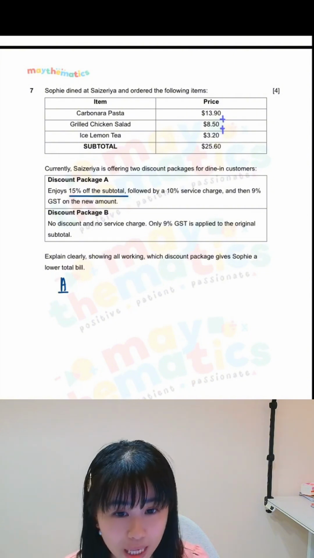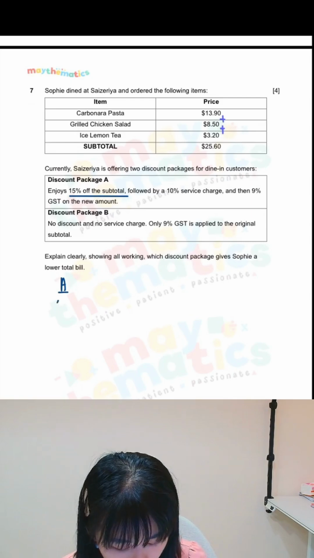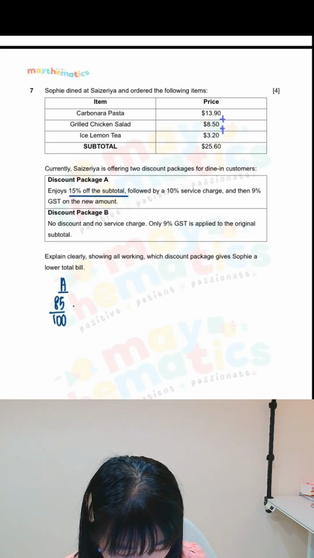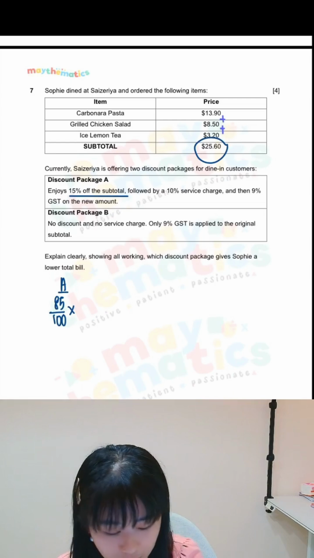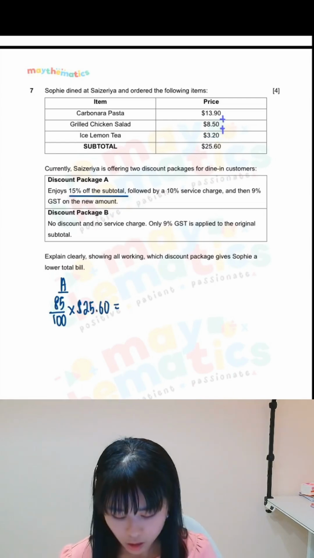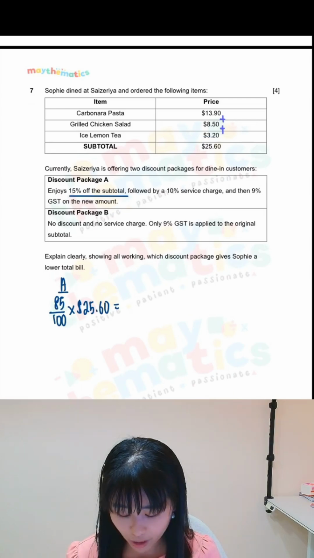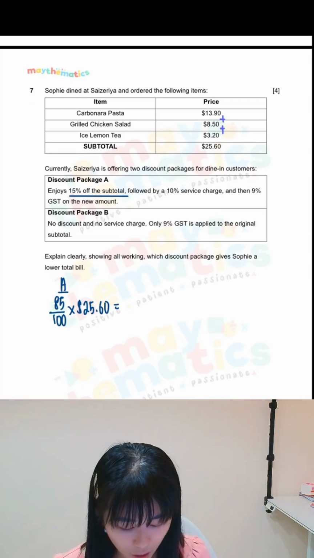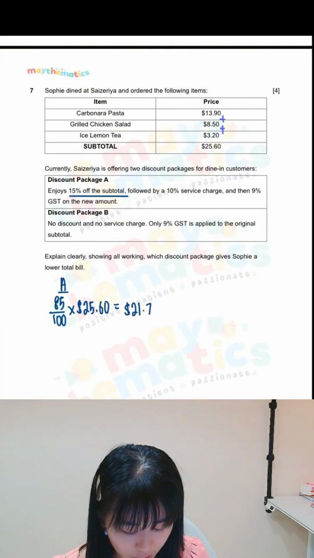So it's 100% minus 15%, which is 85% of your subtotal, $25.60. So 85% of $25.60, you will have $21.76.